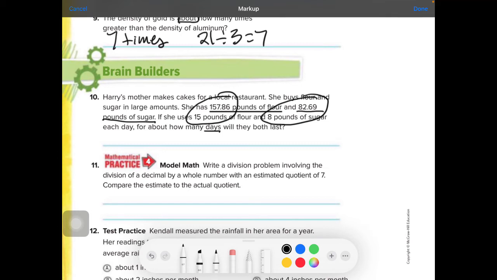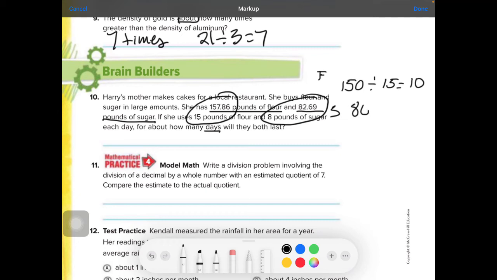So let's simplify it to compatible numbers. 157 doesn't get along very well with 15, but 150 does. So this is my flour, 150 pounds of flour, and she's going to use 15 pounds a day. So let's see how many days there will be. About 10.